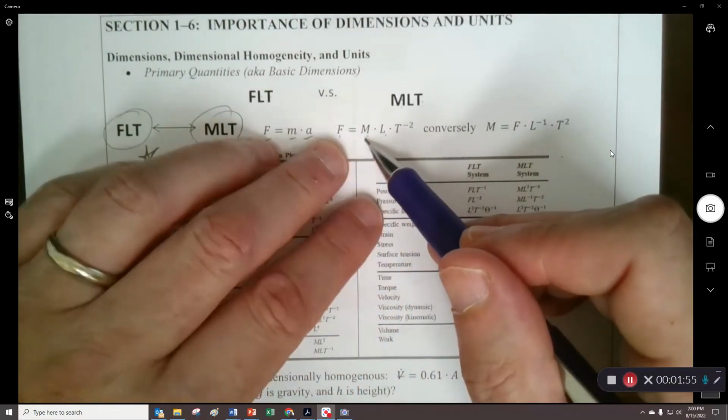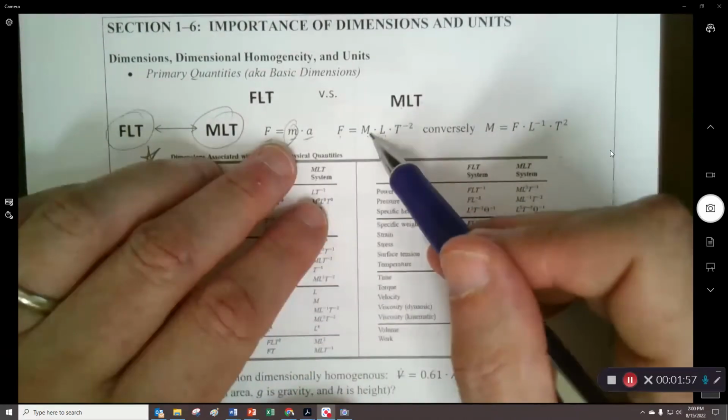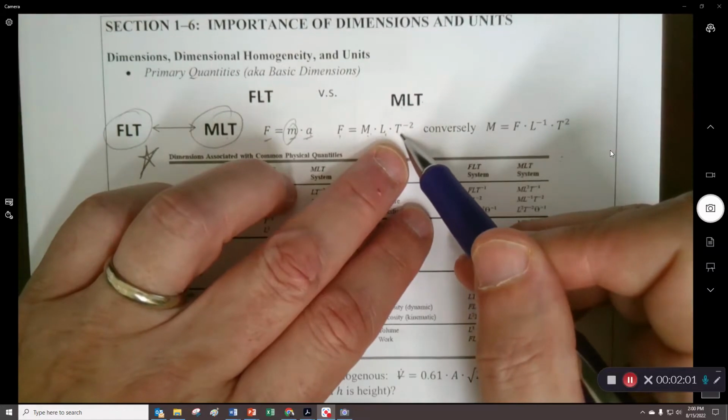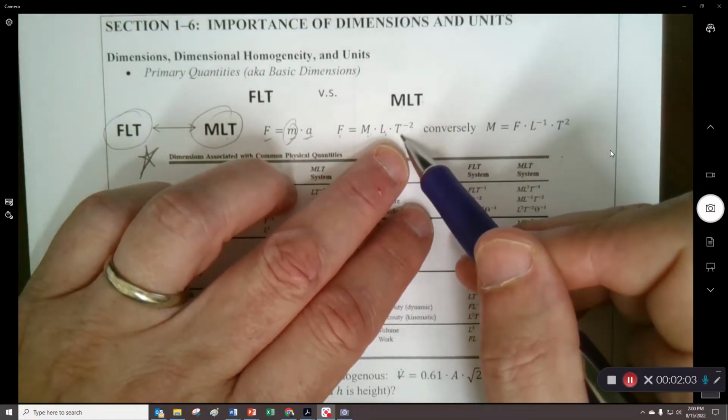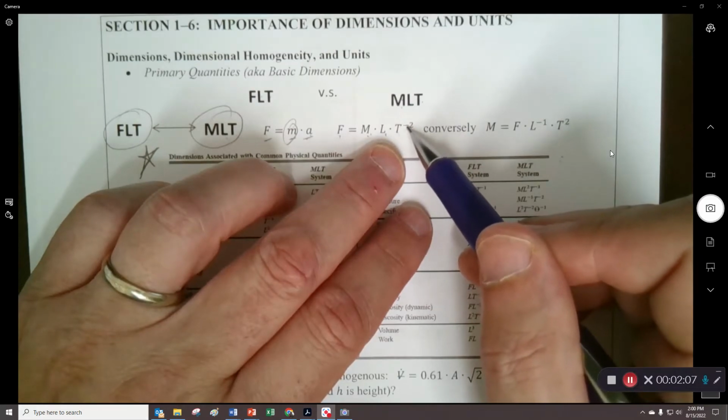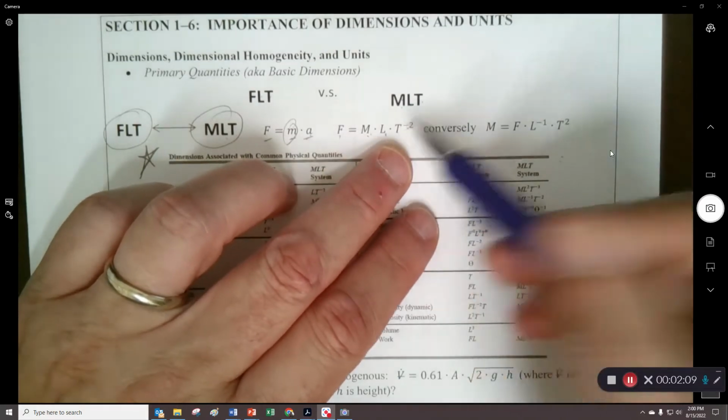Because you have mass, M, and then you have acceleration, which is length per time squared, but it's on the denominator, so it's minus 2, right?